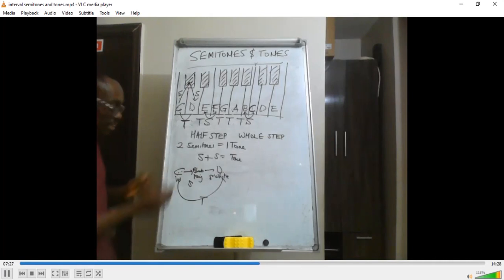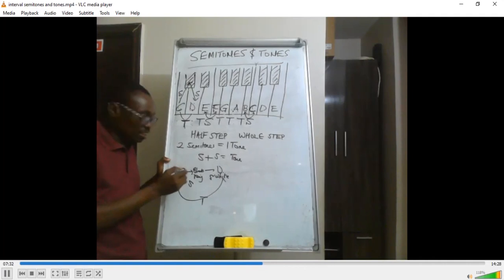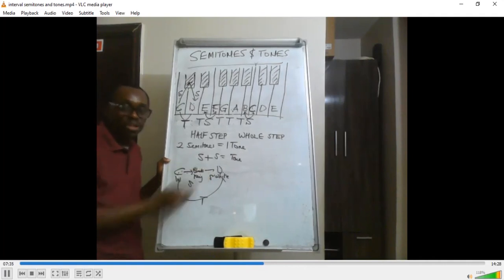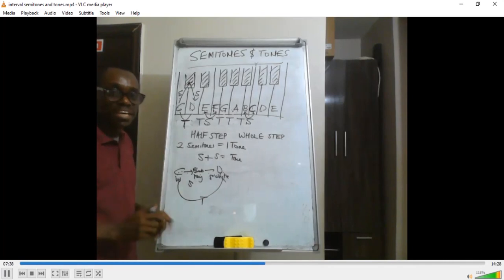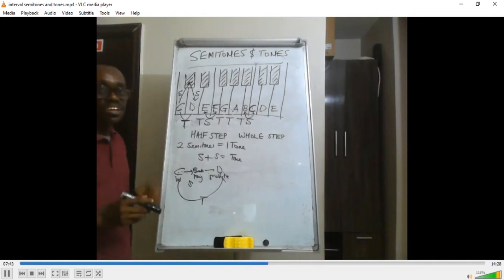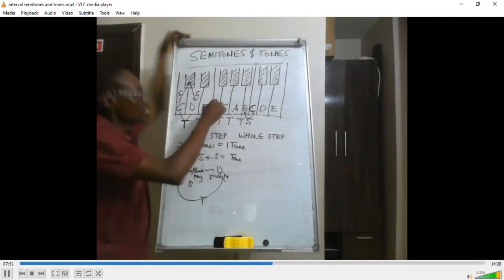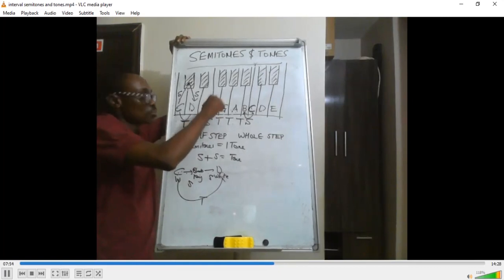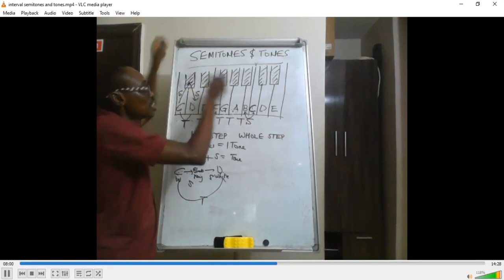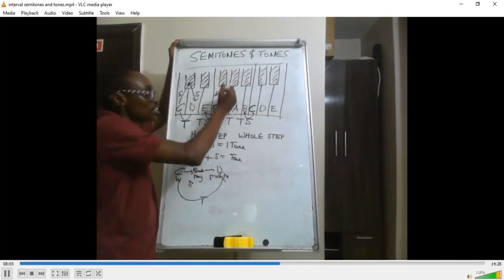Since the direct jump is a tone, and when you move in steps you have a semitone here and a semitone here, that means two semitones make a tone. That is what is happening wherever you have a black key. Let's go to F and G. When you move from F to the black key, the distance is a semitone, and when you move from the black key to G, the distance is a semitone.